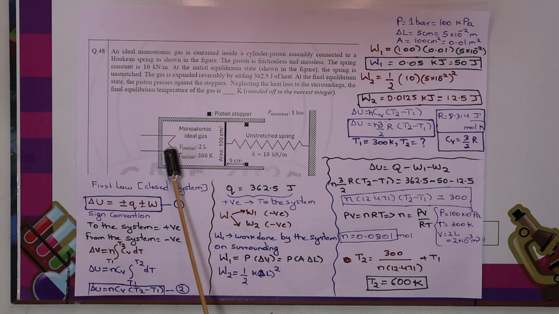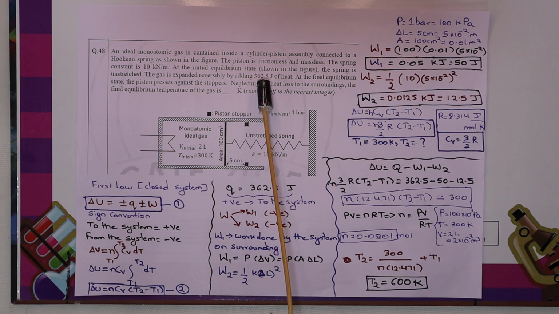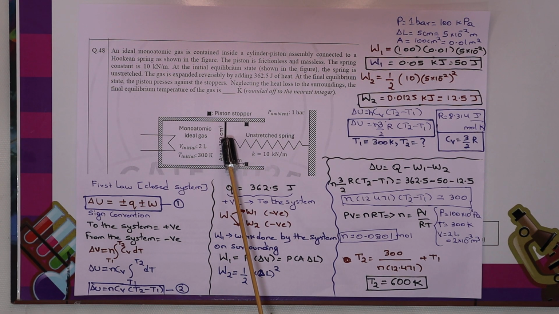And what happens, you supply heat through this filament, okay, that means the total amount of heat supplied to this system is 362.5 joules. If you supply the heat to the system, this cylinder or this stopper will expand and will touch these two stoppers.